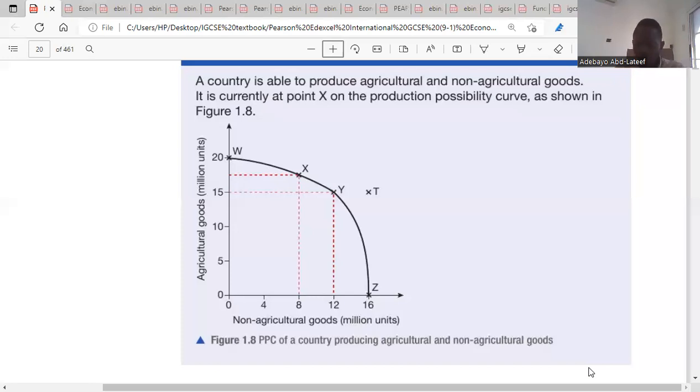So for the country to get to 12 million non-agricultural goods, that means 17.5 million minus 15 million, which is 2.5 million. So the country would sacrifice 2.5 million agricultural goods to reach 12 million of non-agricultural goods. So what is the opportunity cost?